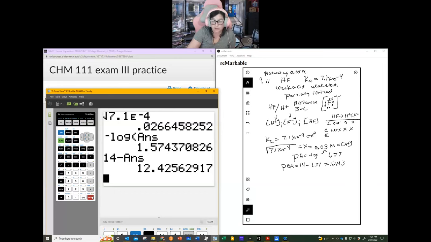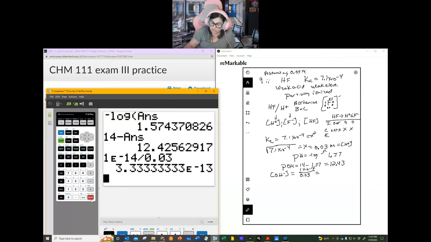We normally report pH values to 2 sig figs, pH and pOH. The only other thing I haven't calculated yet is my OH minus concentration, which is going to be 1 times 10 to the minus 14th divided by the 0.03. Which gives me that happy thing.